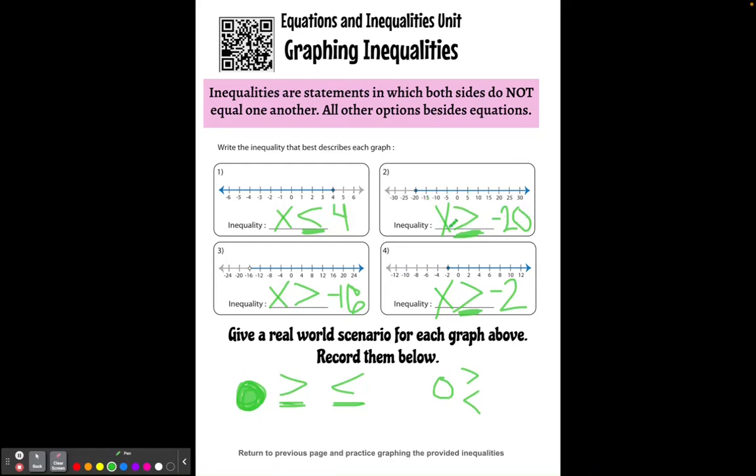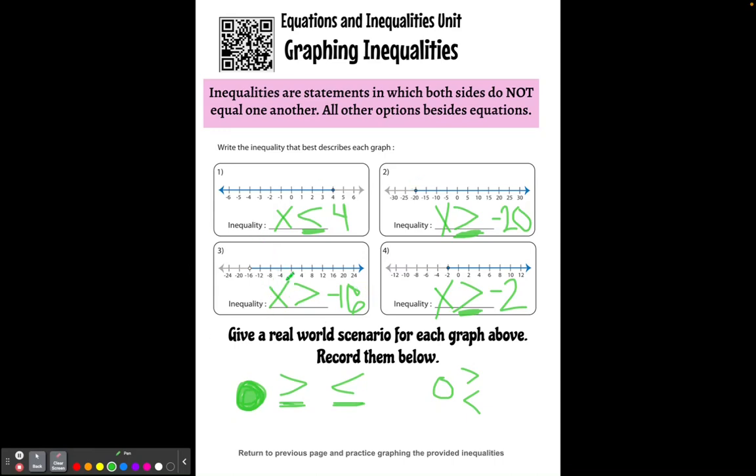Okay. X is greater than or equal to -20. This means all the numbers that I graphed, all the numbers represented in blue, are greater than -20 or equal to -20. So all the numbers are greater than -20. And this is filled in, so I'm also including -20.